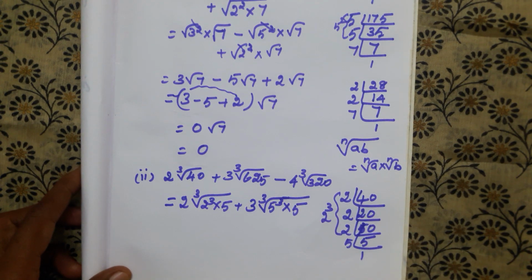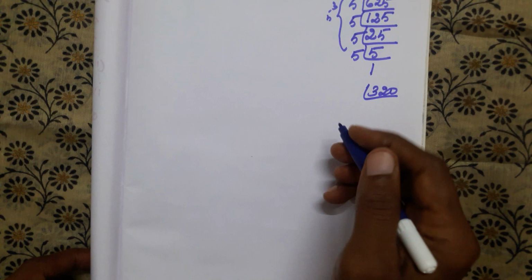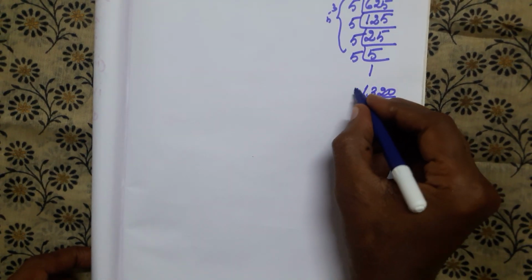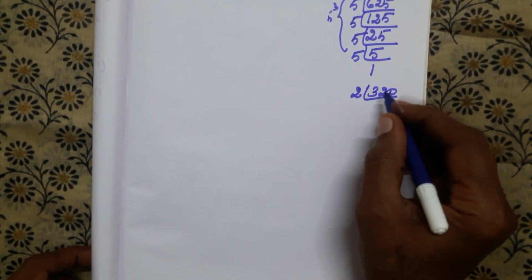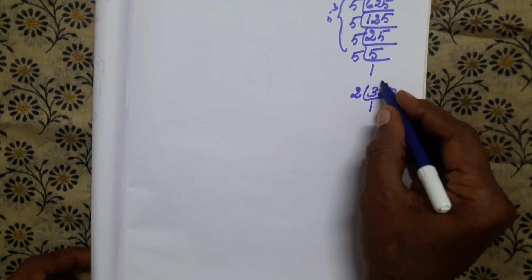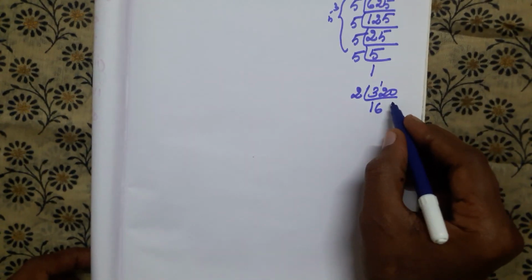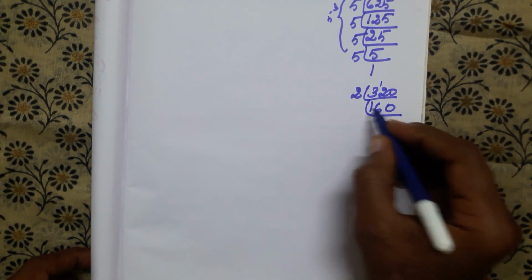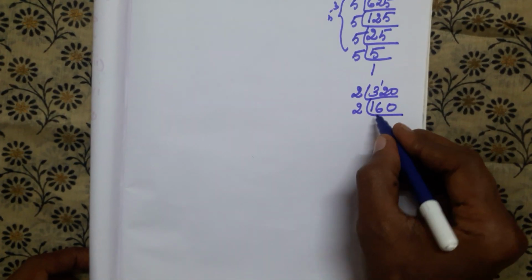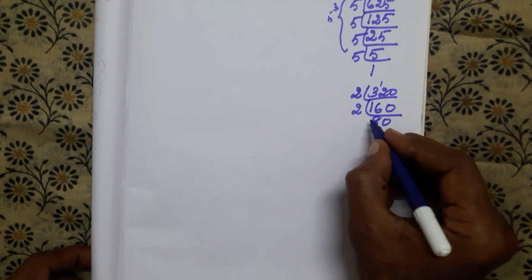When we are factorizing this 320, what will we get? We can factorize with the 2 table. 1 2 is 2, 1 balance. 6 2s are 12. Next 0. Again we can factorize with the 2 table. 8 2s are 16, 0.